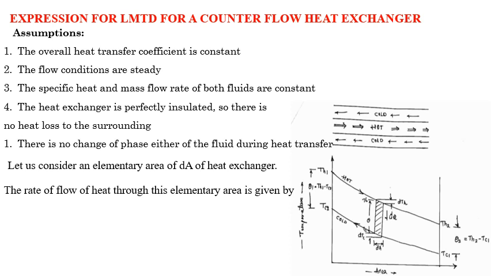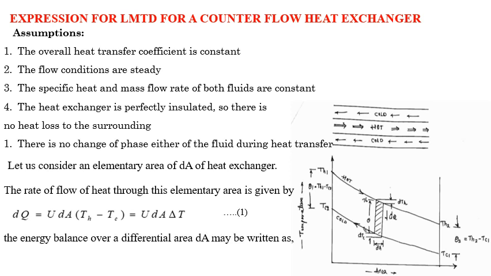So the rate of flow of heat through this elemental area is given by dq equal to U dA (TH minus TC), which is equal to U dA delta T. We call this equation number 1. Now, as per the thermodynamics law, the energy balance over a differential area dA may be written as dq equal to minus mH CpH dTH, which is equal to minus mC CpC dTC, which is equal to U dA (TH minus TC).